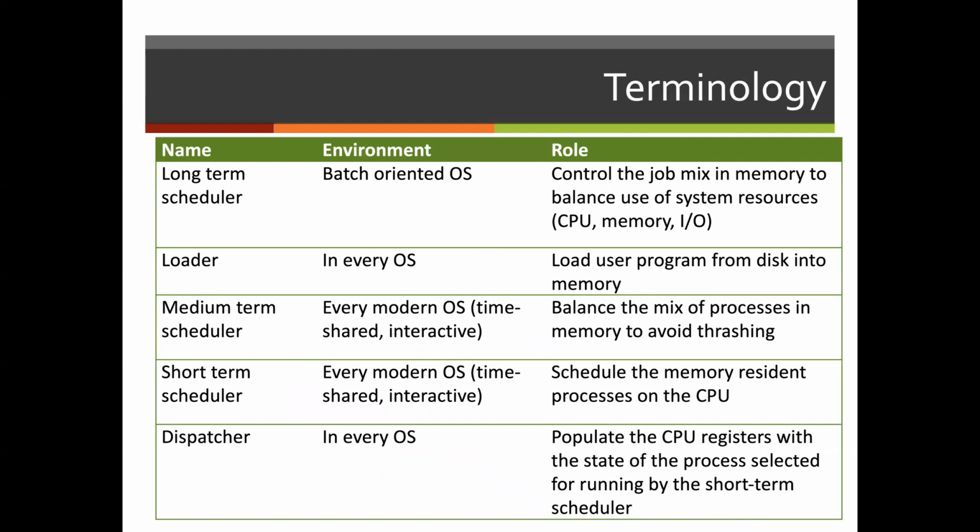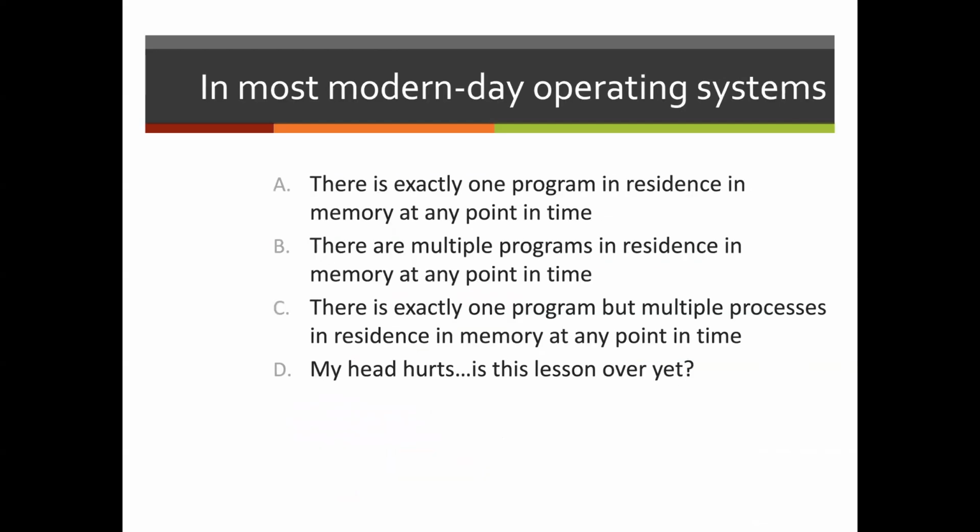And so this is just an overview of those various components and the terminology associated with them. And so another question, in most modern day operating systems, we want to consider that there is exactly one program in residence in memory at any point in time.